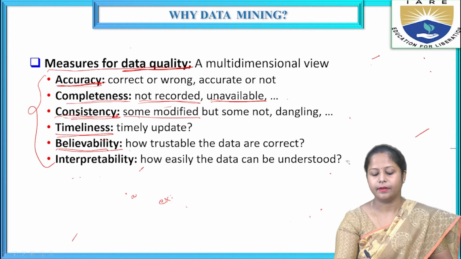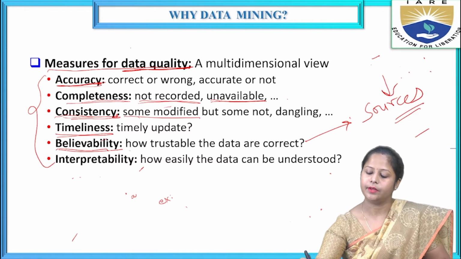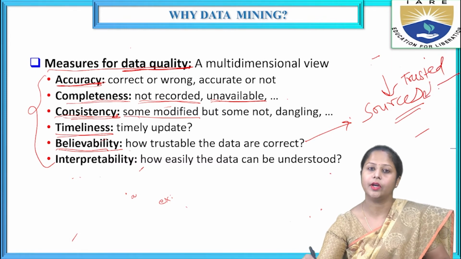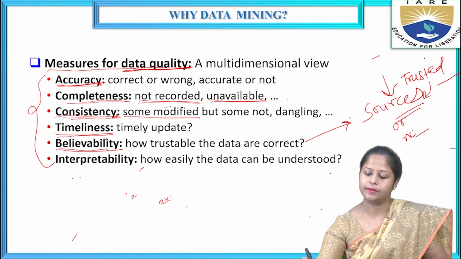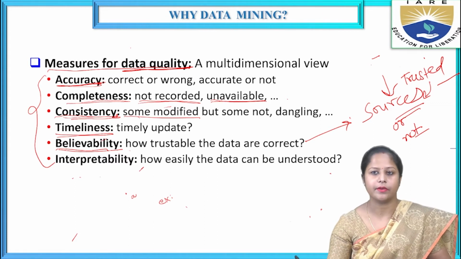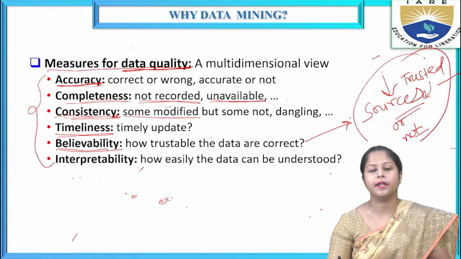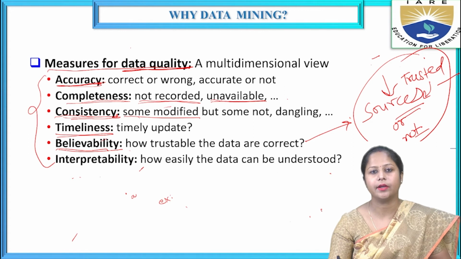We will check the data sources. From where we have taken that data, whether we have taken it from trusted sources or not. That we will check in the believability part of the data quality measure. If it is not trusted, then we don't believe the data, whether it is accurate or not.